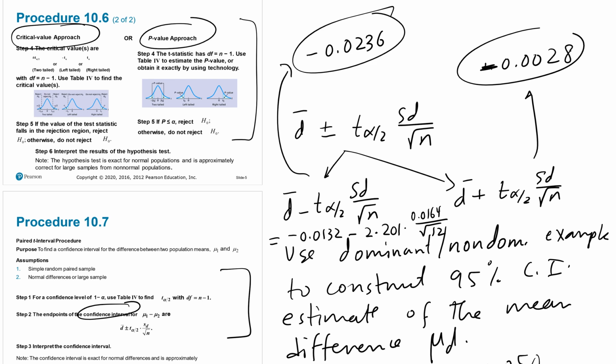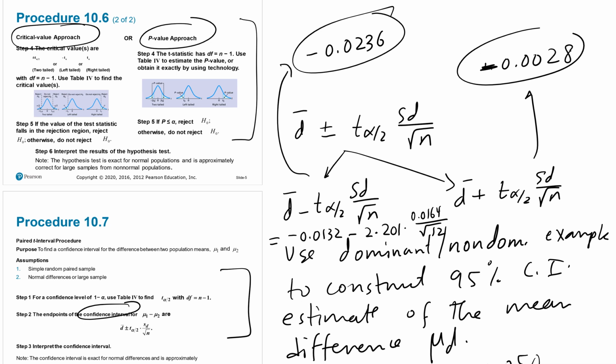So in summary, we have two dependent samples from two different populations. We're trying to test the claim about the difference of their means. Someone might say they are different, some might say less than, some might say bigger than. We're going to test this.